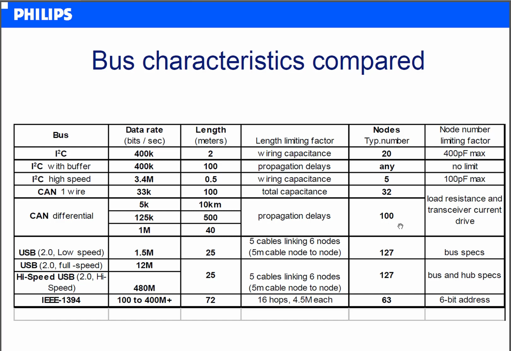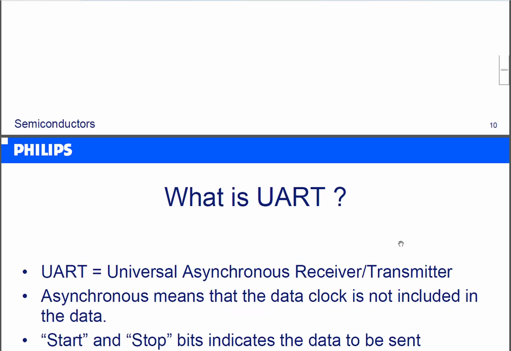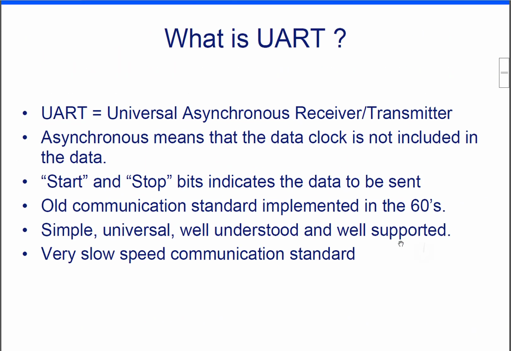I think it technically can be even more than that, but some of these standards are just point-to-point communication, and some are able to be daisy chained to support multiple nodes on the network. Okay, so those are other things that you should be considering when you think about what communication standard is appropriate.